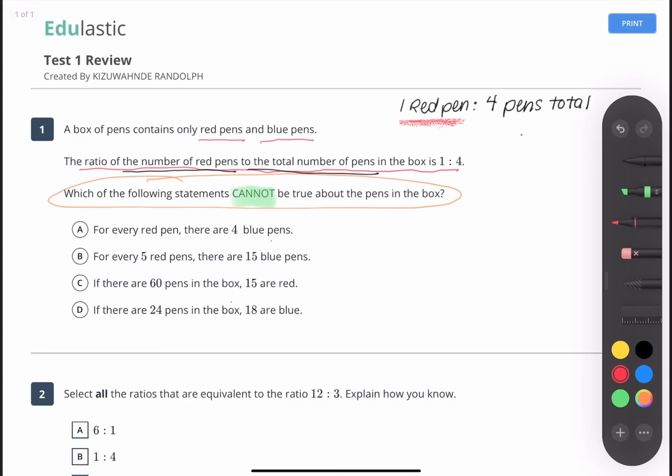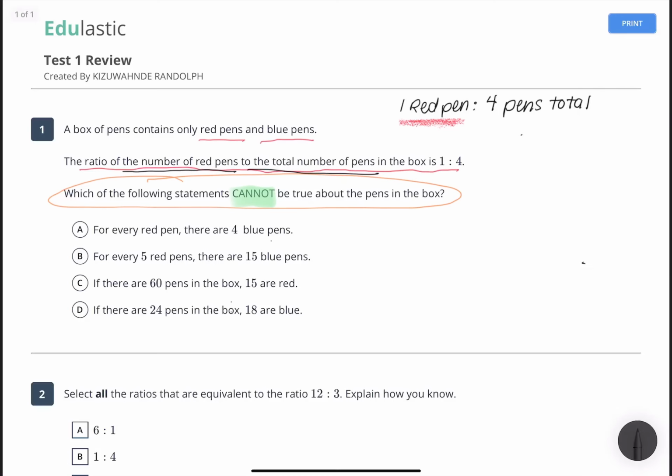Let's keep in mind that the total, and I'm going to write that down, the total is describing both red and blue pens. So if they're saying there's 1 red pen and 4 total pens, how many blue pens would I have? If you guessed 3 pens, you're absolutely correct. So there would be 3 blue pens.